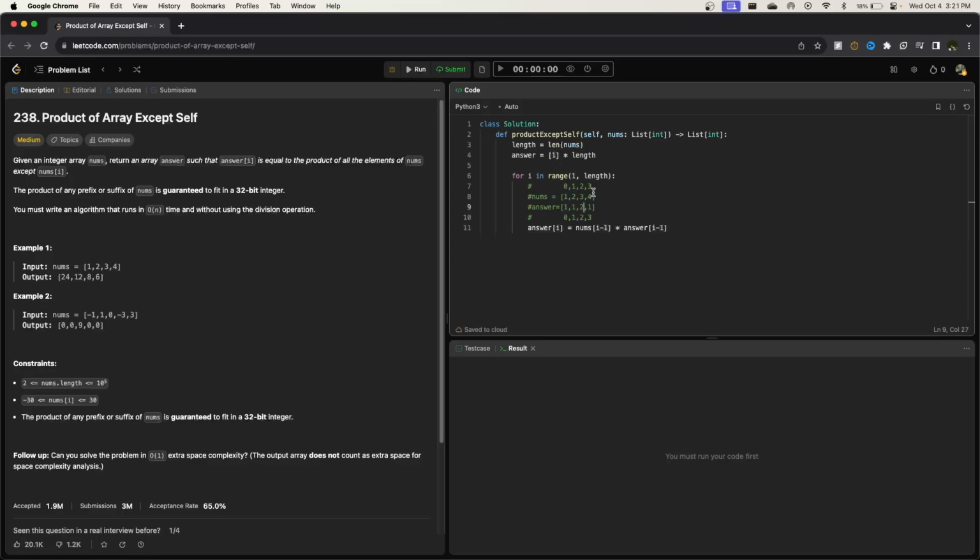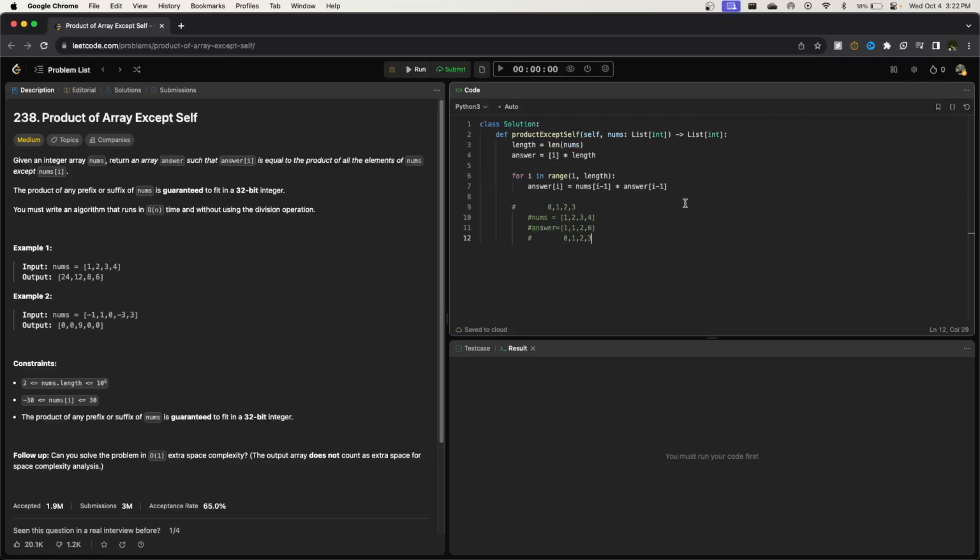And then now we're at 4. So the previous value, 3, we multiply times the previous answer value, which is 2, and that equals 6. That is our current answer right now. Those are our left values, right? That's pretty much how we do this.